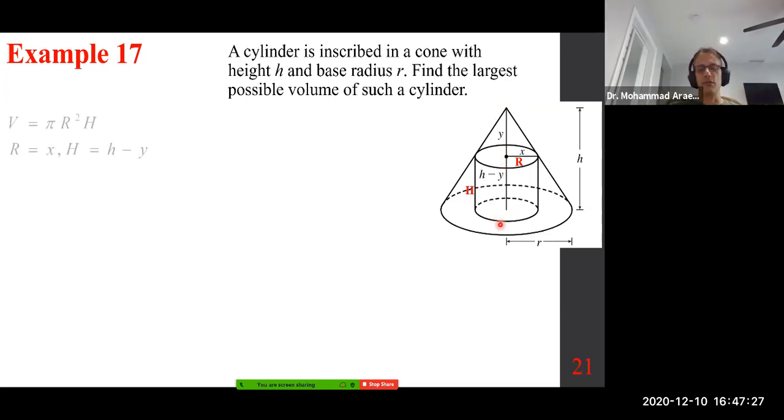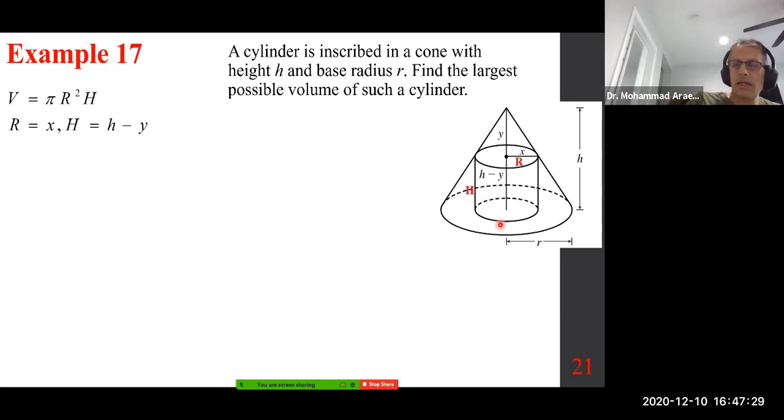So let's write all of those. And let's look at how we can make this volume, which is pi x squared times capital H, which is h minus y, a function of one variable, namely x, because there are two variables involved.